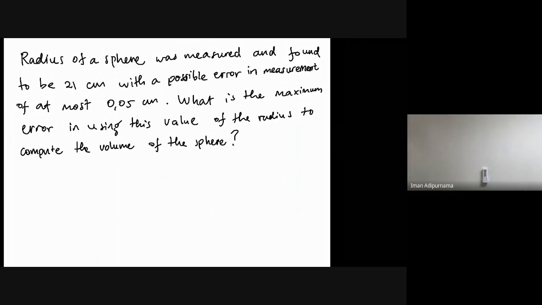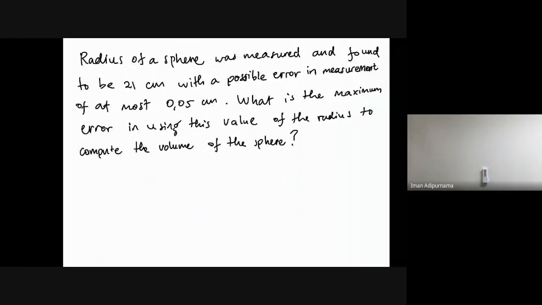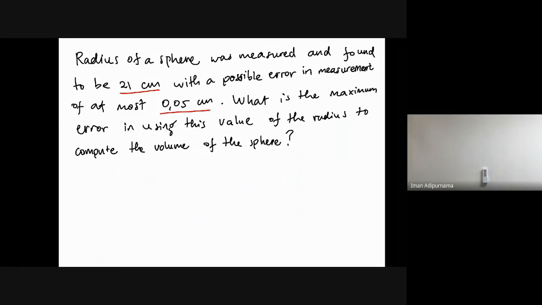The radius is 21, with a possible error. Okay, the error in measurement is 0.05. So what is the maximum error using this value of the radius to compute the volume of the sphere?